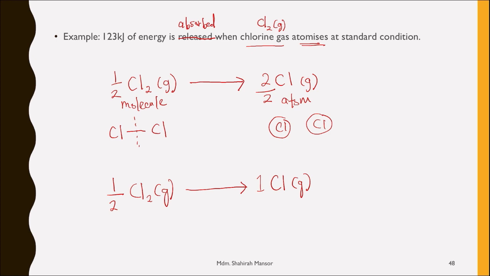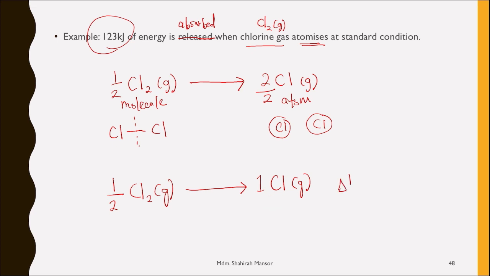Now, 123 kilojoule of energy is the energy needed or absorbed in order for this reaction to happen. So when half of Cl2 breaks its bonding, the reaction will absorb this amount of energy to form 1 mole of gaseous atom.